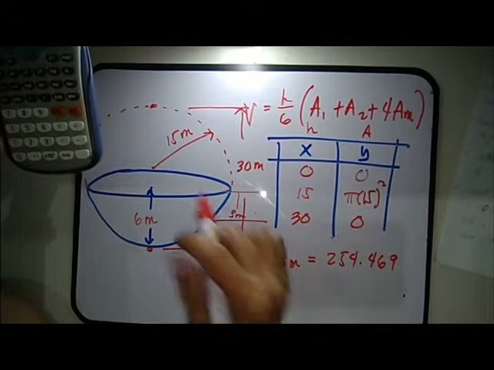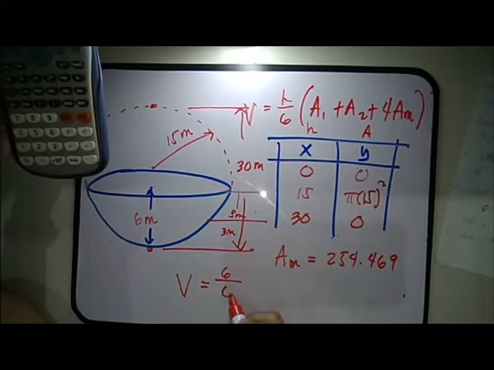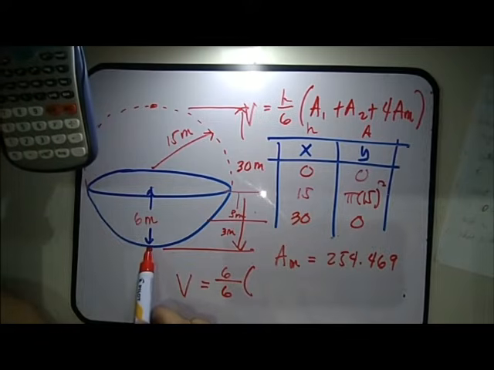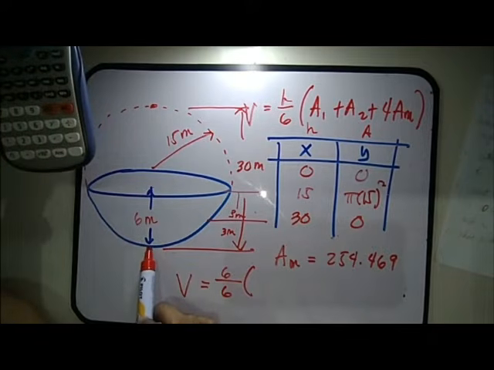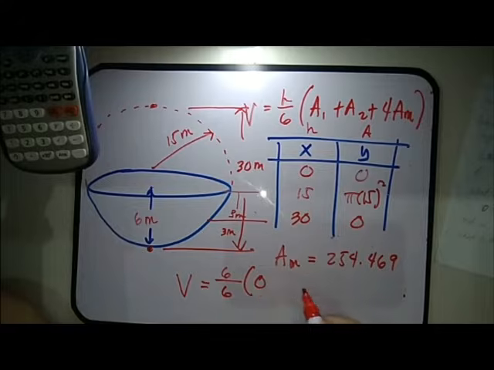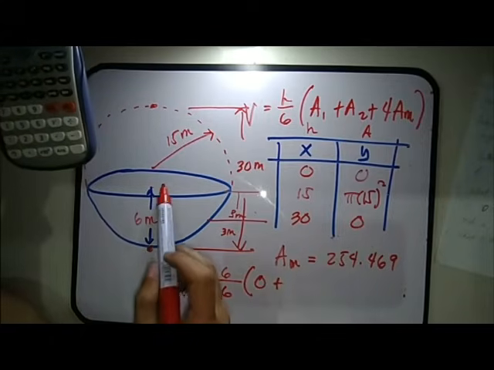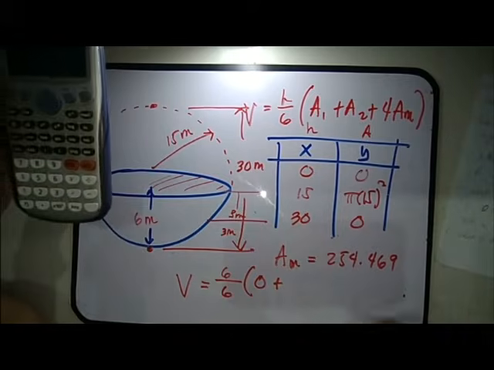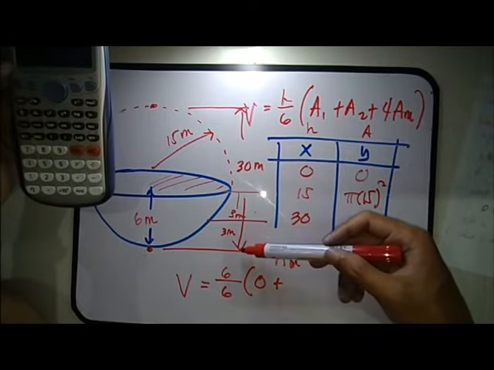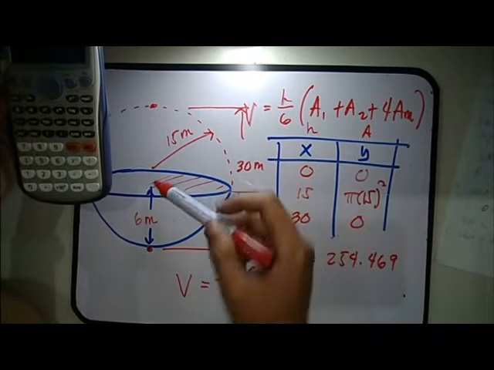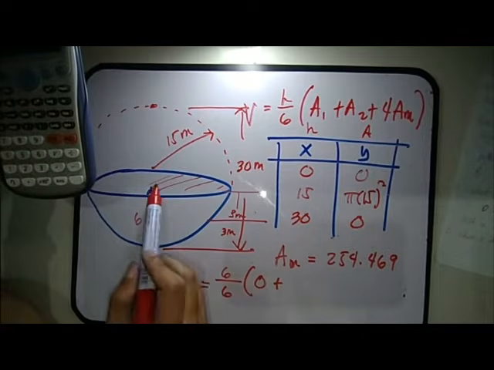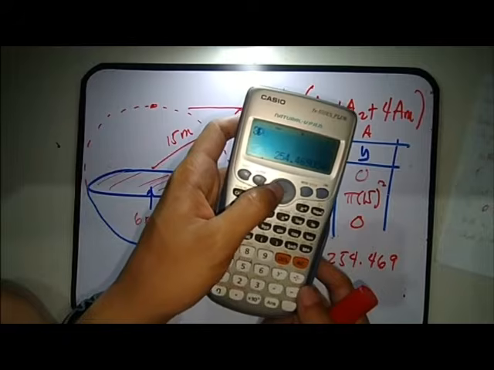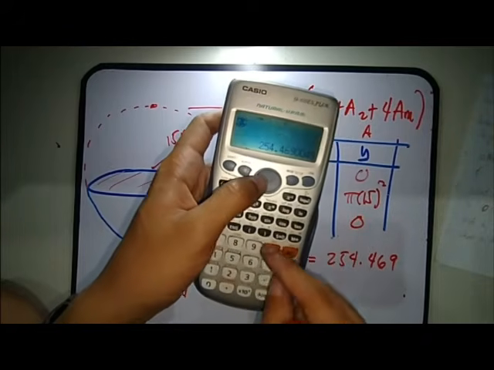So, ang height natin is 6 over 6 times A1 natin is ito. This is A1. So, 0. Plus, ano yung A2 natin? So, ito yung A2 natin. Yung nasa taas. So, hindi pa natin nakukuha. Yung nasa taas natin, that is at height 6. Area nito at height 6. So, palitan lang natin ng 6 yung nasa y hat. So, 6.